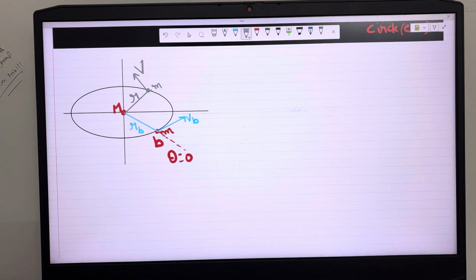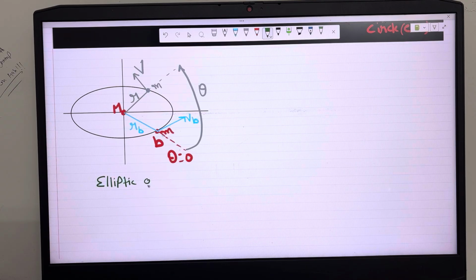The angles are now measured from here, so from here to here the angle is theta. This is basically your elliptic orbit.